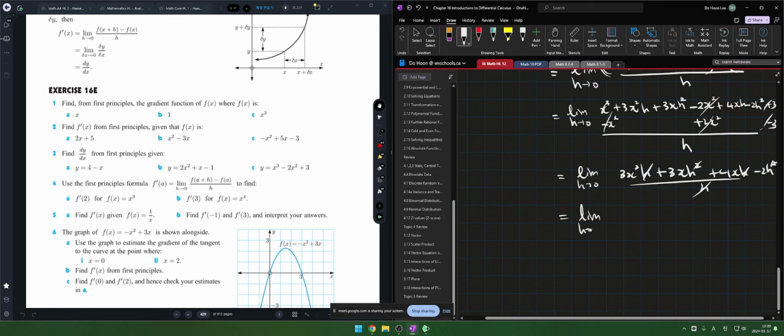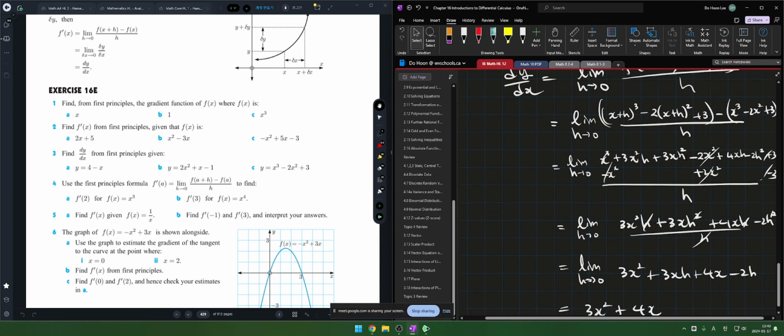As h goes to 0, 3x squared plus 3xh plus 4x minus 2h. But now we take h goes to 0, so the second and fourth terms will be just gone. It'll be 3x squared plus 4x, which doesn't sound so good.